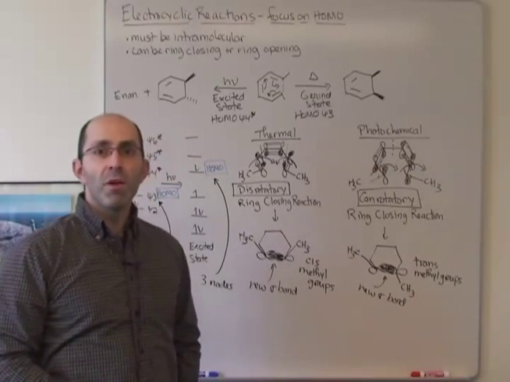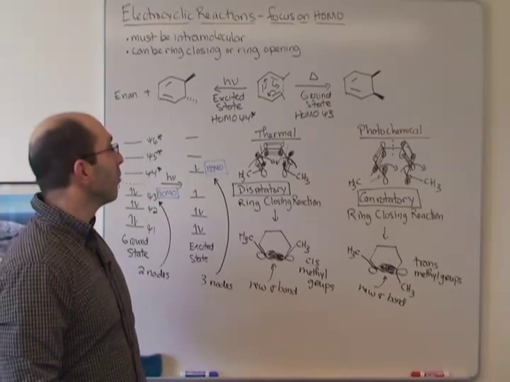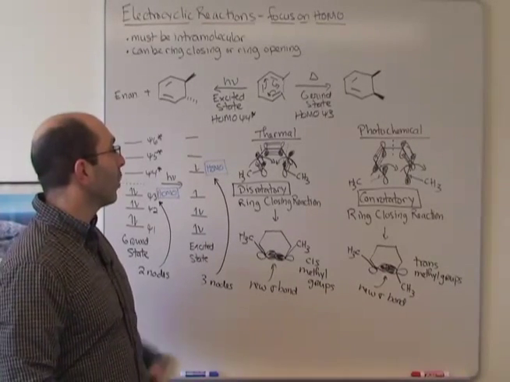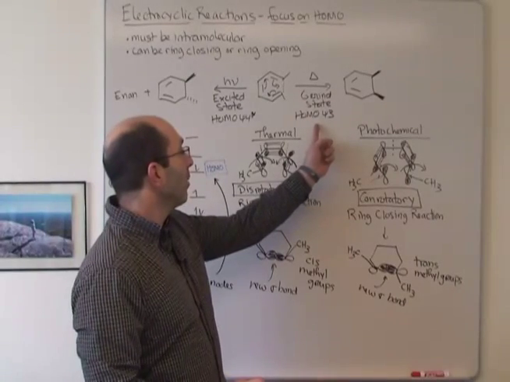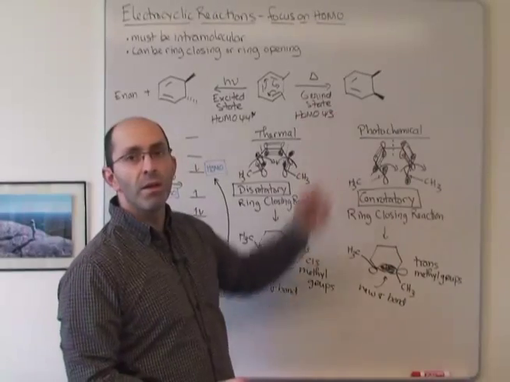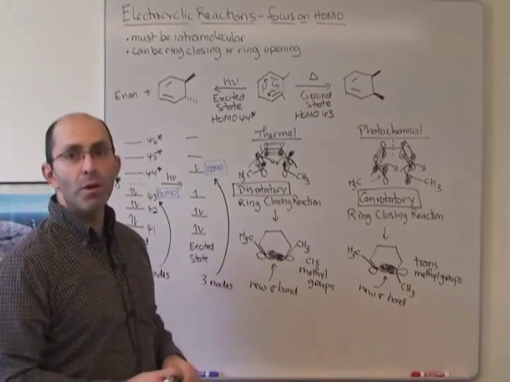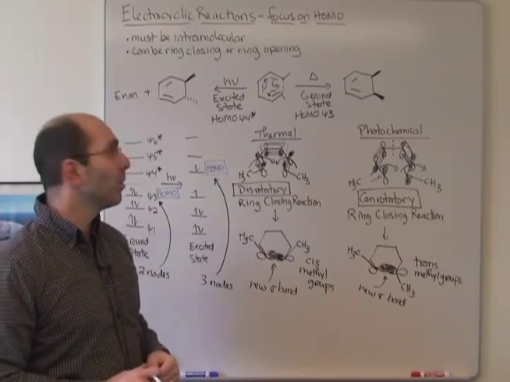That's the only way that we can say, yes, when we do this reaction with hexatriene, we're going to do a ground state reaction that will, using the molecular orbital picture, predict that we're going to get the cis compound. And if we do it photochemically, because we're in a different highest occupied molecular orbital, we're going to get the trans.